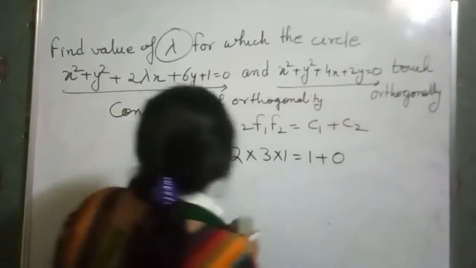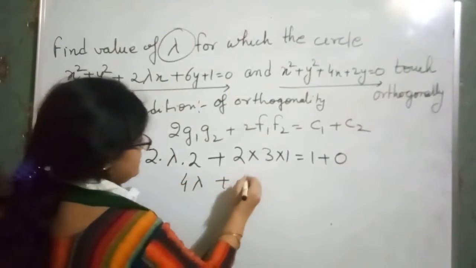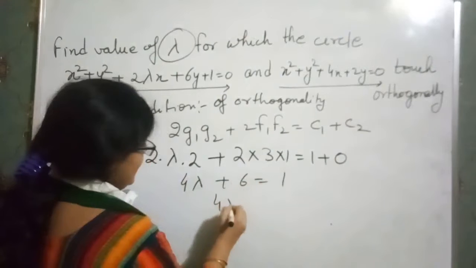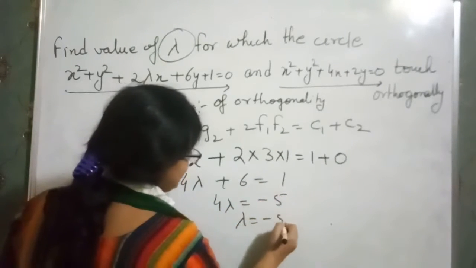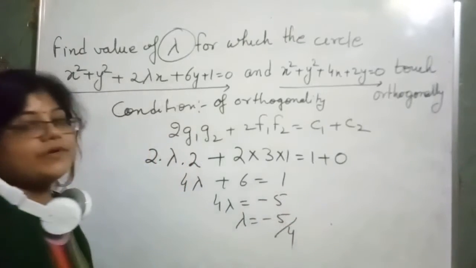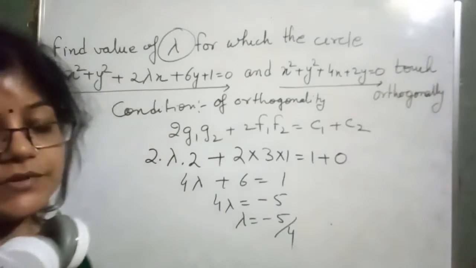In this way you solve for lambda. So 4 lambda is equal to minus 5, the value of lambda is minus 5 by 4. This is all about the orthogonality of the two circles.